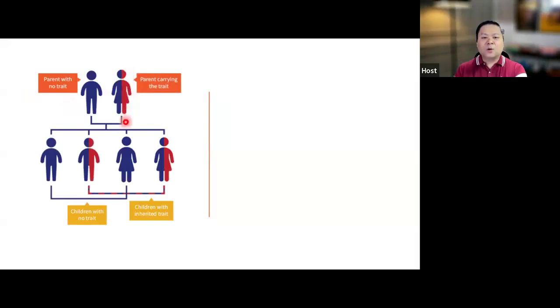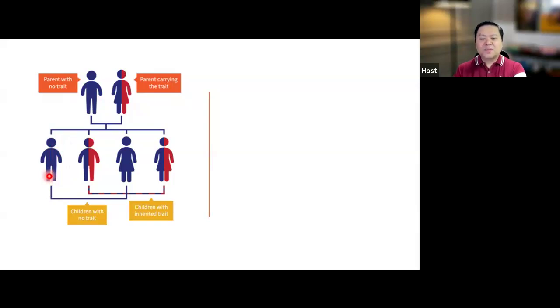Okay, so we're going to take a look into the first son here. So totally blue. The first son will inherit the normal hemoglobin gene from both parents. So basically, he is lucky enough that he was getting the Y chromosome from the dad, who is not a carrier, and he got the non-defective gene from the mother, okay, because he gets one of the X chromosomes from the mother.